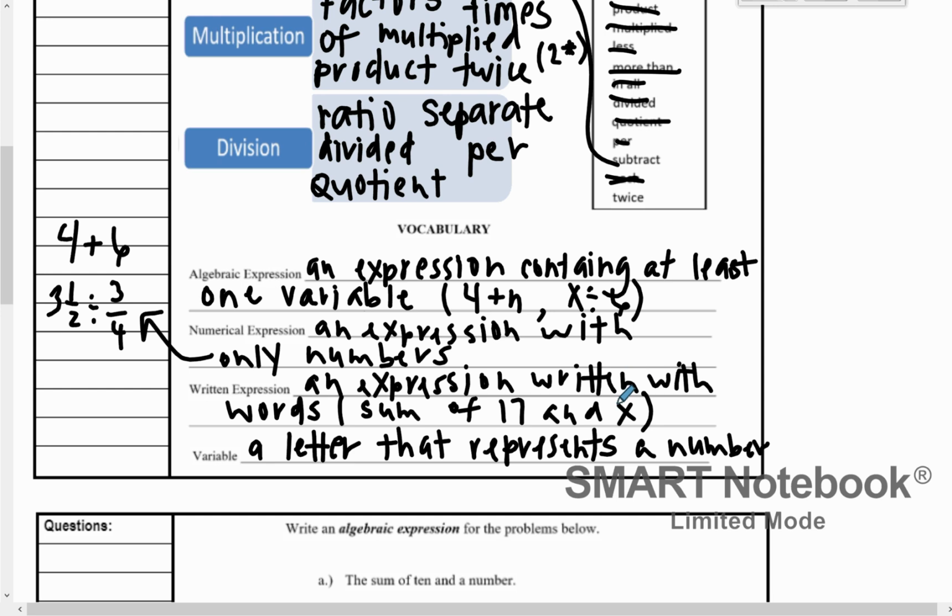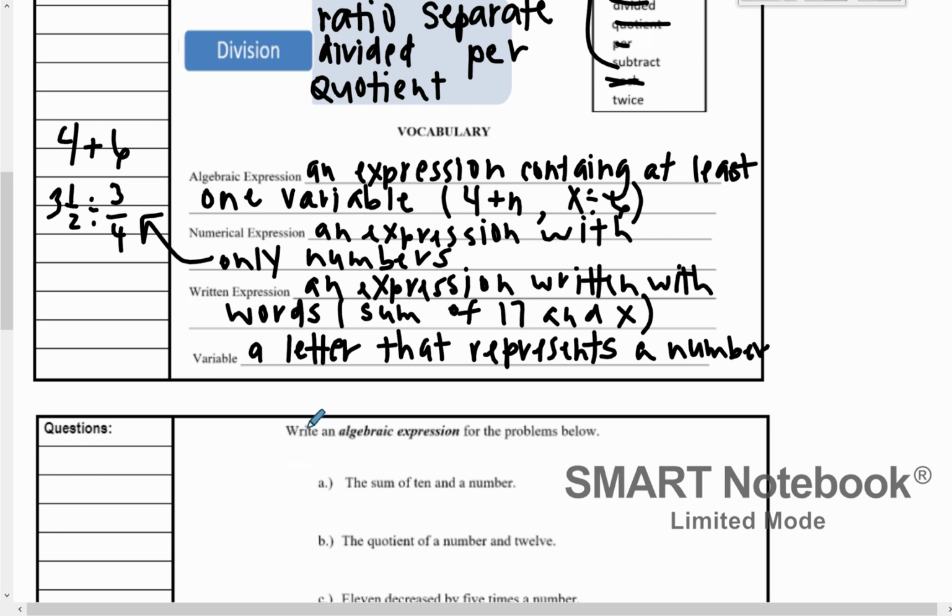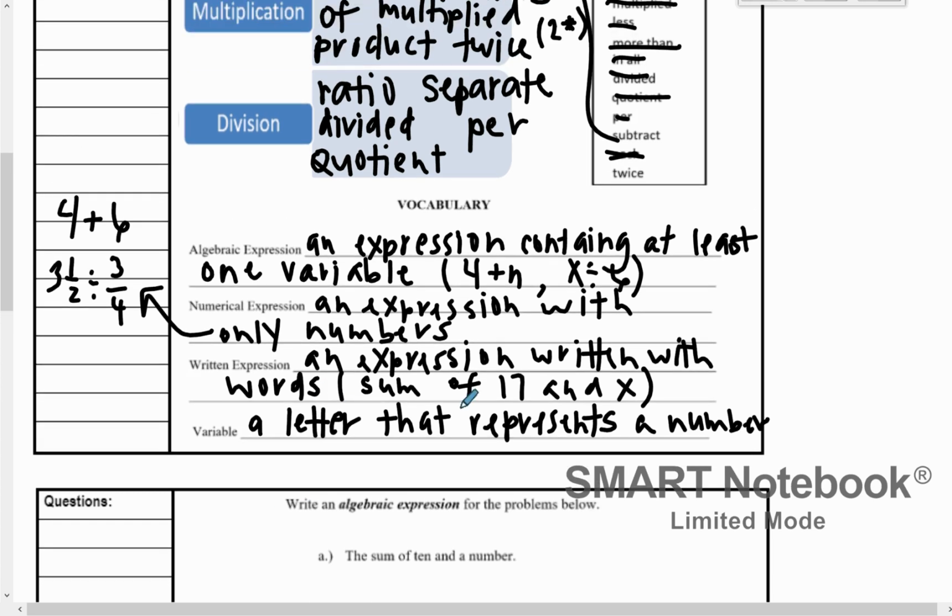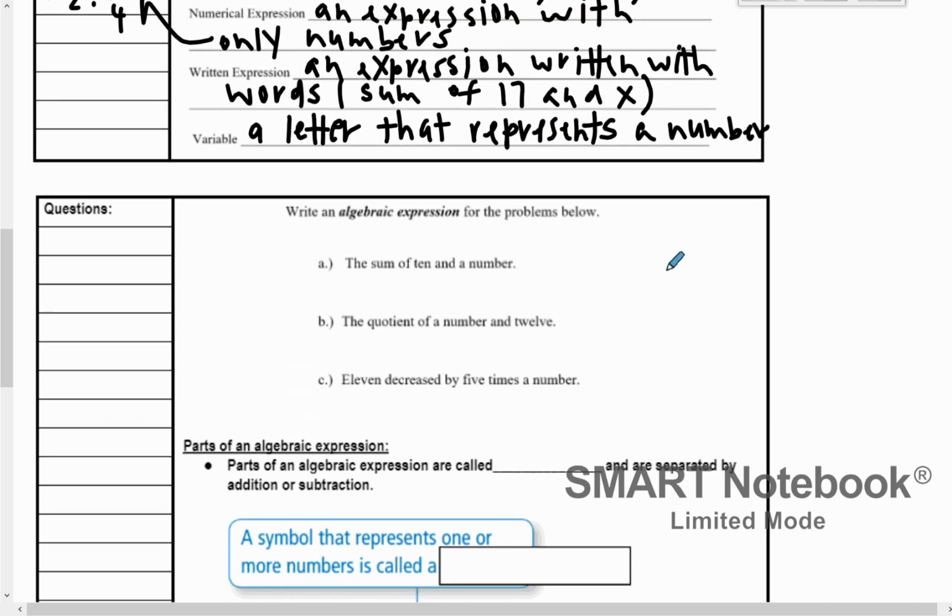Okay, which would mean that we don't know that. Right, so variables, when we are writing them down here, we don't know what they're equal to. So like when we have 4 plus n, unless we're told what n is equal to, we don't know what that's equal to, which is why we just write a letter for it, because we're not sure what that letter is equal to. Okay, and we're going to do some examples for writing algebraic expressions given a written expression.